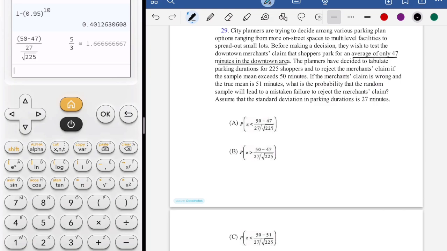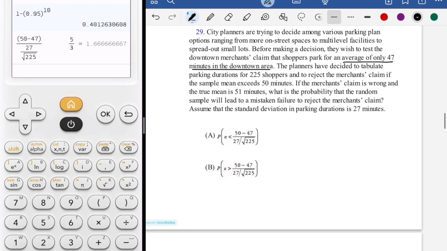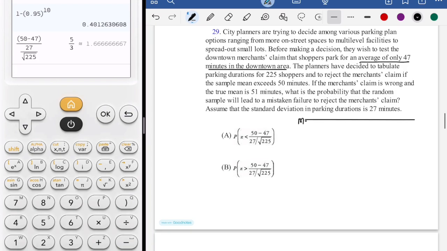If the merchant's claim is wrong, I'll make a little note here, merchant's claim is that mu is equal to 47.